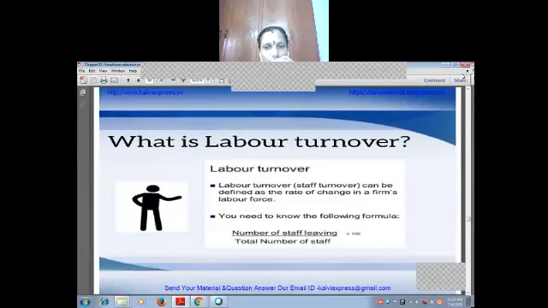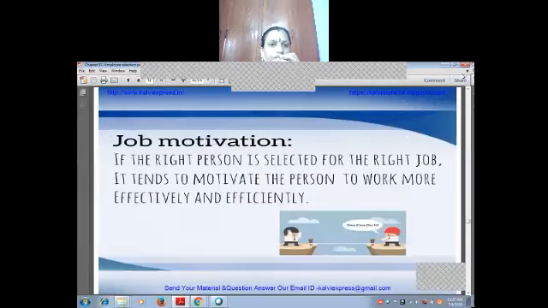Labor turnover can be defined as the rate of change in a firm's labor force. So, how many laborers are there in the company? It depends. You need to know the following formula. This formula we can follow. Number of staff leaving divided by total number of staff into 100. So, how many number of staff is leaving? And then divided by total number of staff into 100. This will calculate its labor turnover.